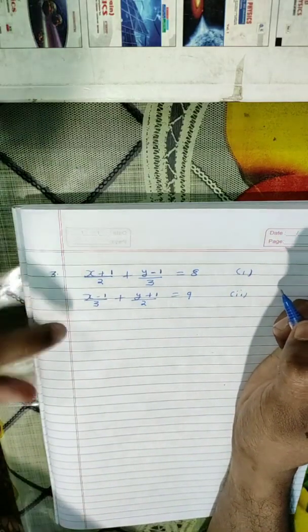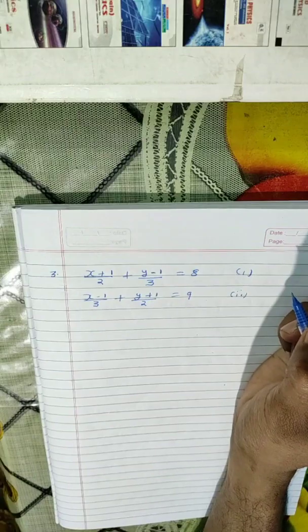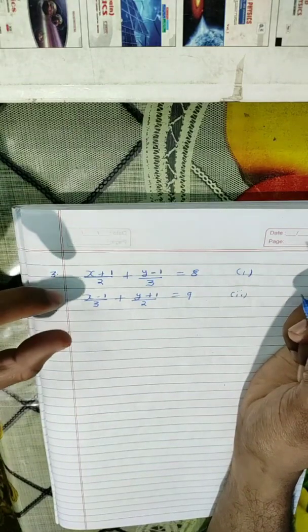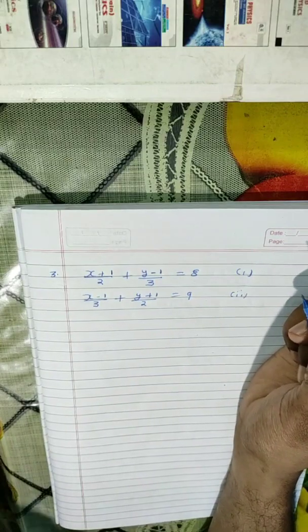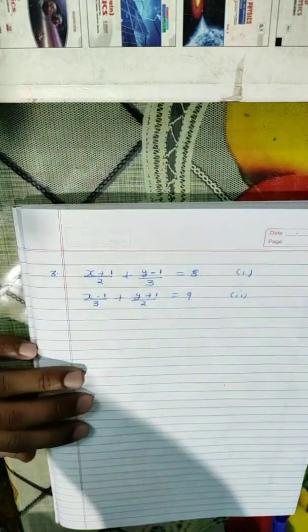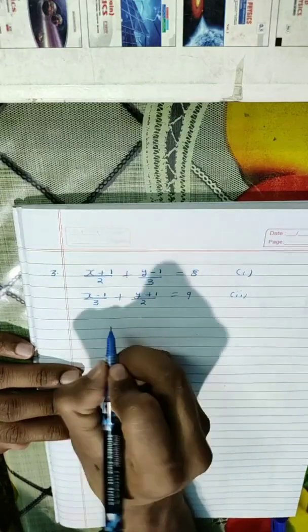See, these two equations are not in standard form, so no problem, we will simplify them to make the standard form. Okay, then we will use the substitution method. First of all, let us solve equation number 1.